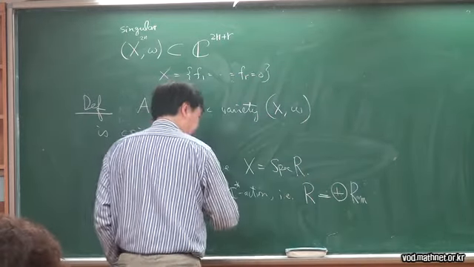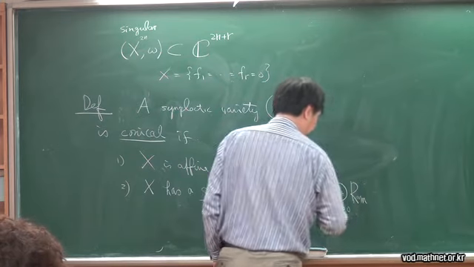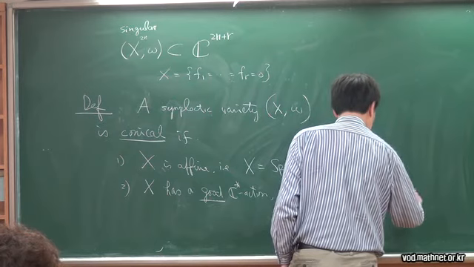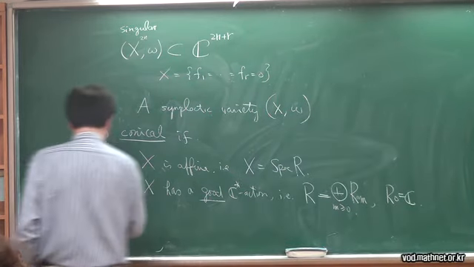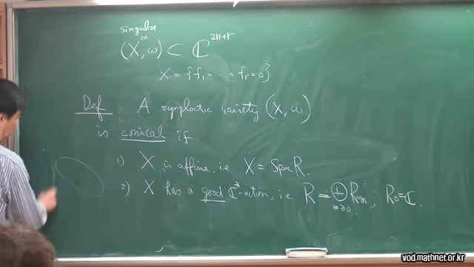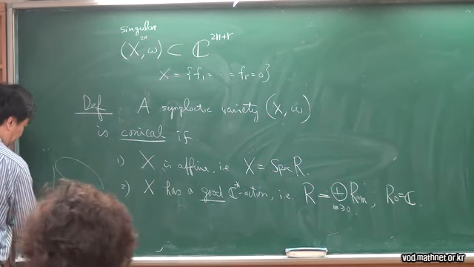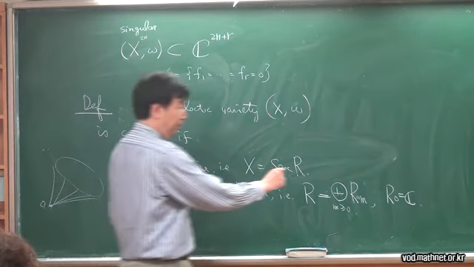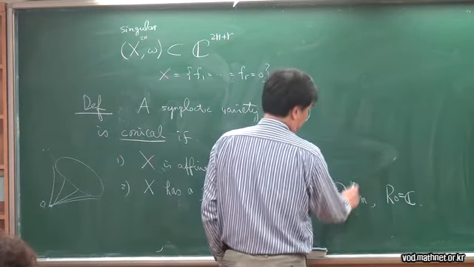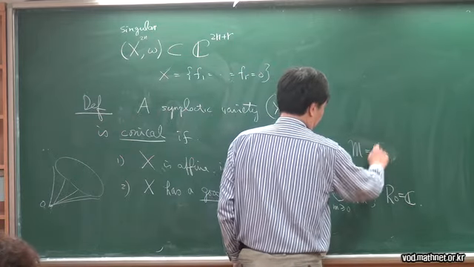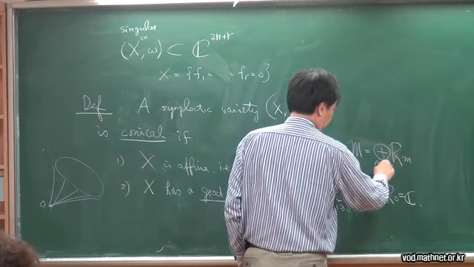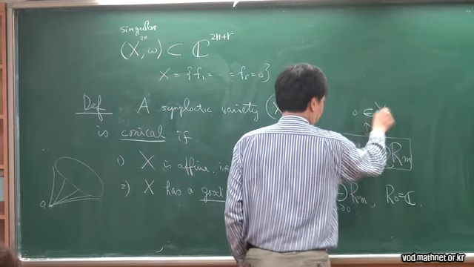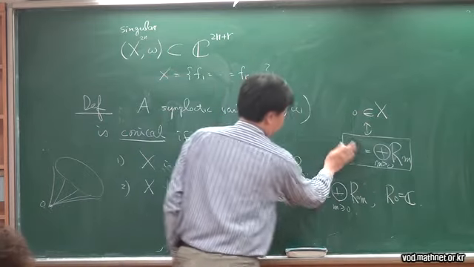But the good means that the grading is positive, non-negative, and R0 is C. This means that X is some sort of cone like this, and there is an origin, and the origin corresponds to the maximal ideal M generated by the positive grading.